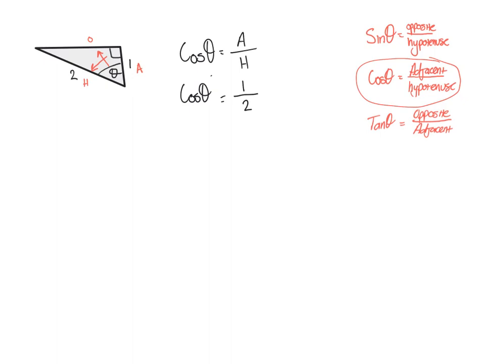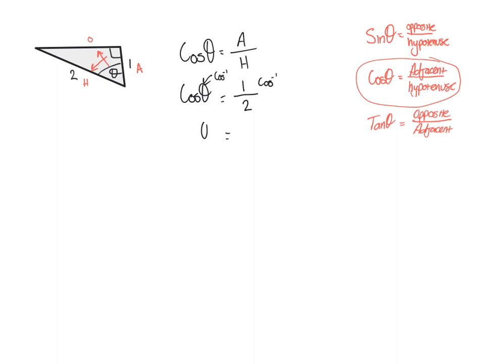So to undo this particular function here, cosine of theta, the opposite of this particular operation is inverse cosine, which looks like this, cos with a little -1 up the top. And as always, we need to do the same to both sides.